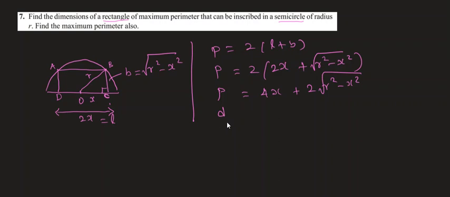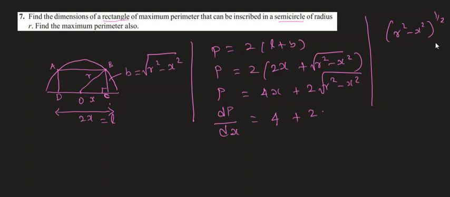Let us find dP by dx because it is given as the maximum. So first we have to find the differentiation of P with respect to x. That is equal to 4 plus 2 into r squared minus x squared whole power 1 by 2.